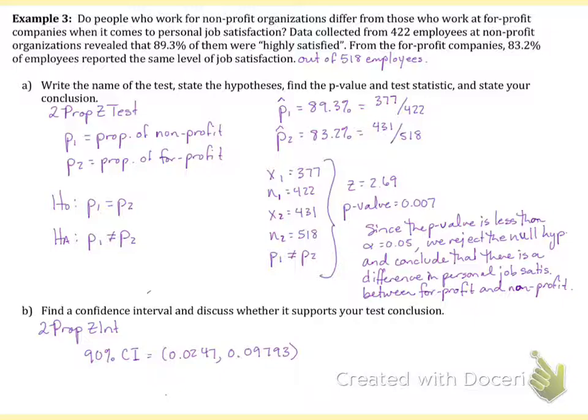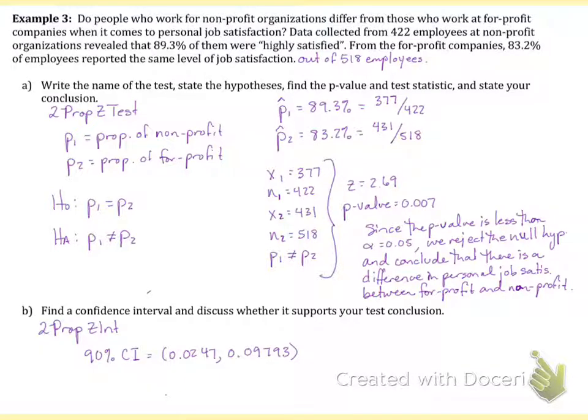This means that first of all, I want you to see that 0 is not in this confidence interval, which means when we're looking at whether or not P1 equals P2, when we find a confidence interval, we're actually finding a confidence interval on P1 minus P2. And so if P1 and P2 are the same, then when you subtract them, you should get 0. 0 is not in this interval, and therefore it rejects that null hypothesis that they're the same.